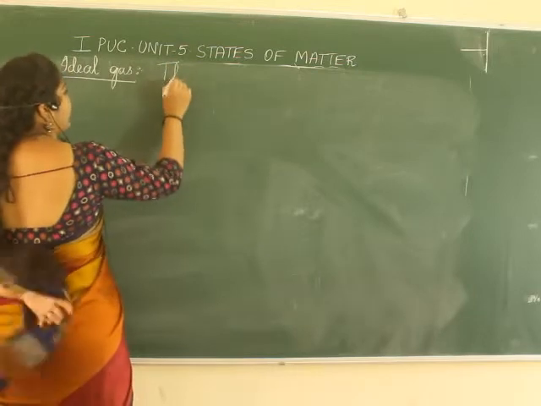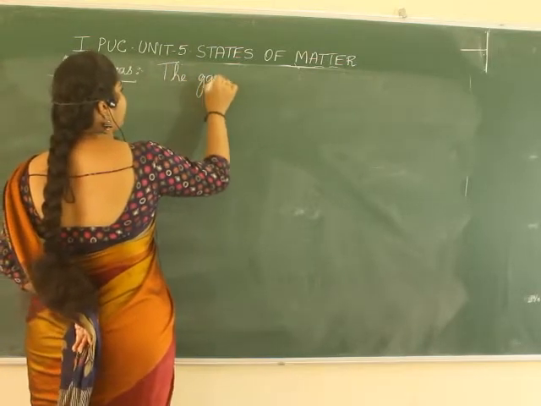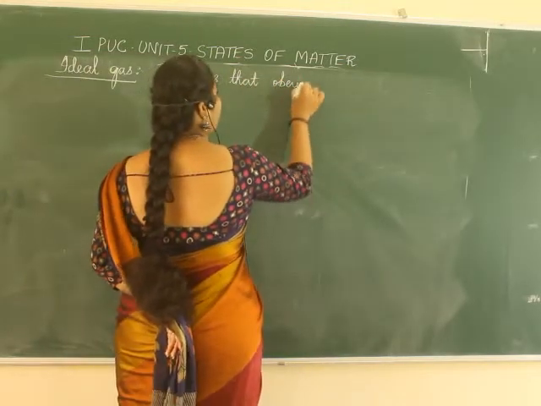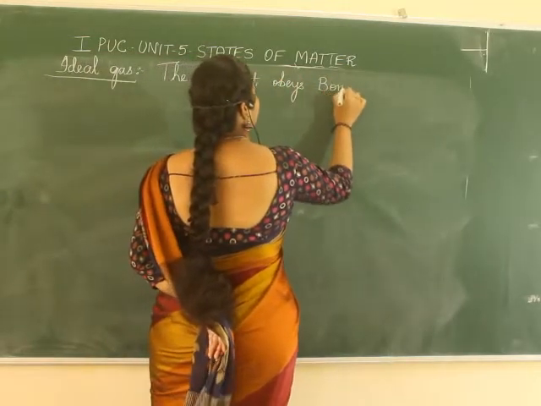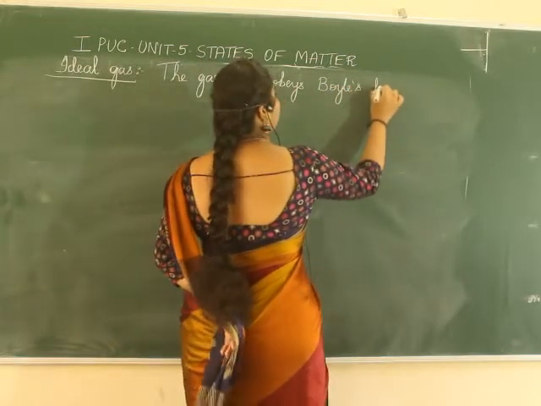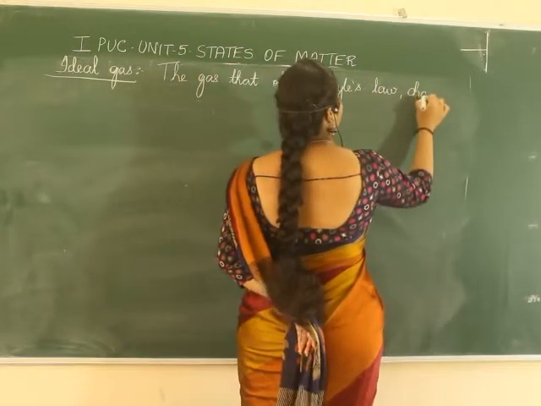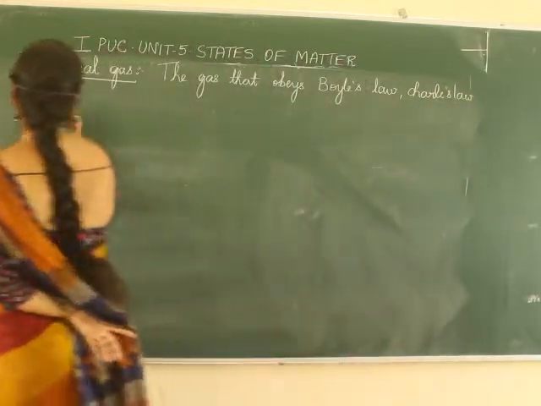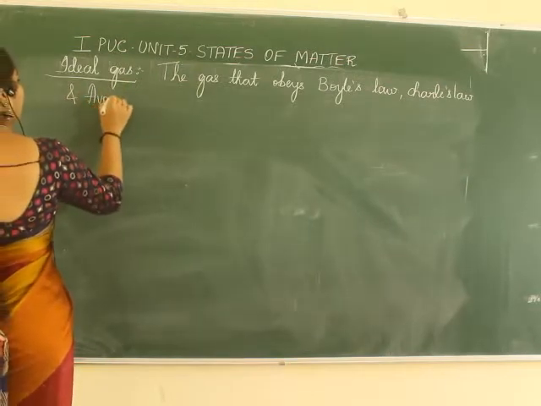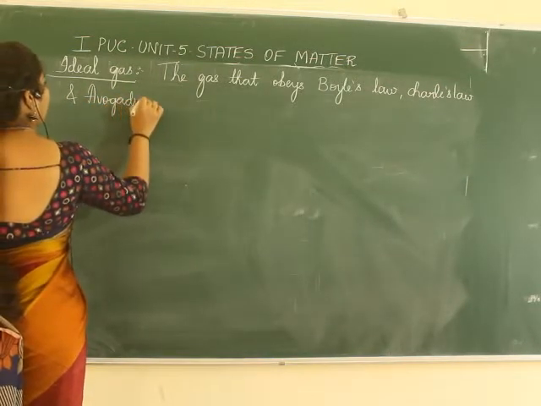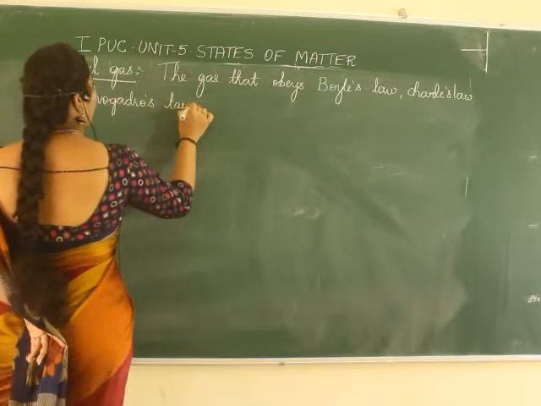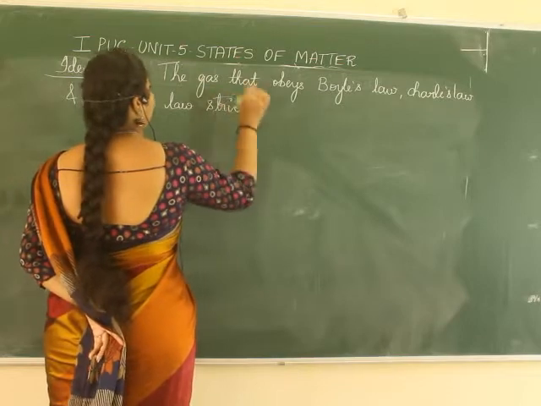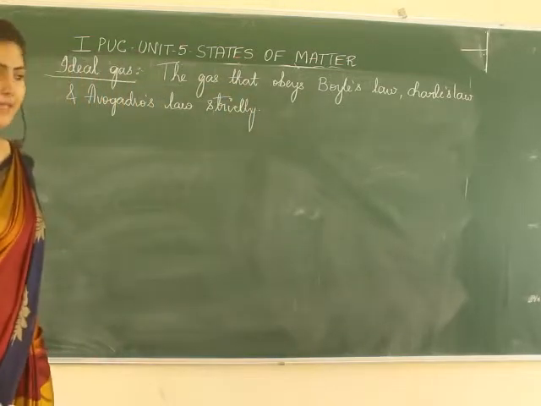So what is an ideal gas? The gas that obeys, or you can write follows also, Boyle's law, Charles' law and Avogadro's law strictly is called ideal gas.